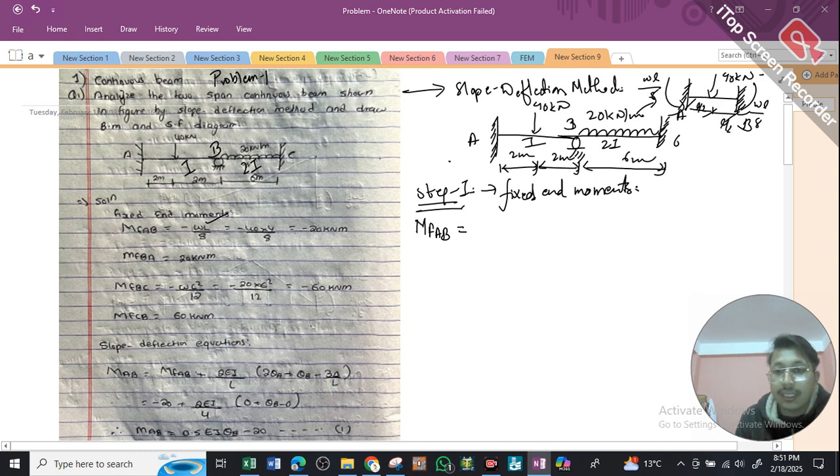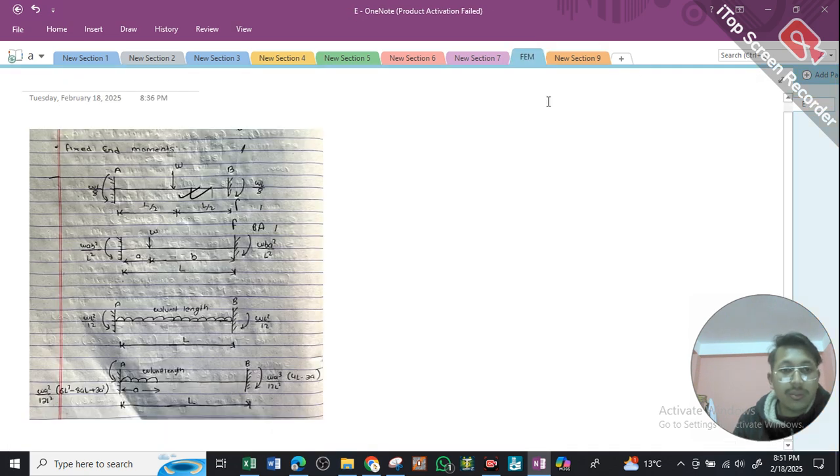For this case, the roller support changes into a fixed support in order to calculate our fixed end moments. So our formula will be minus WL by 8 and plus WL by 8. For a UDL, it is WL square by 12.